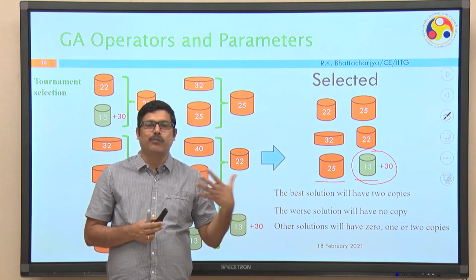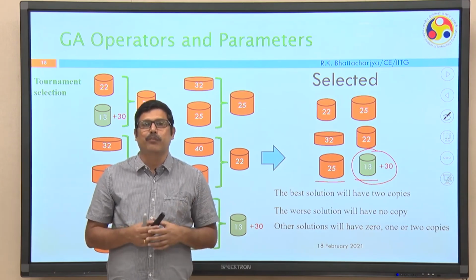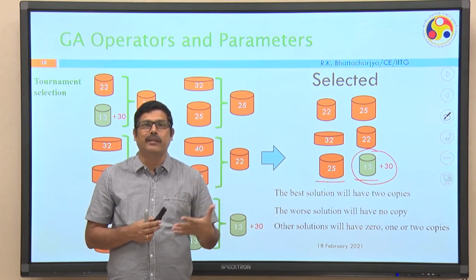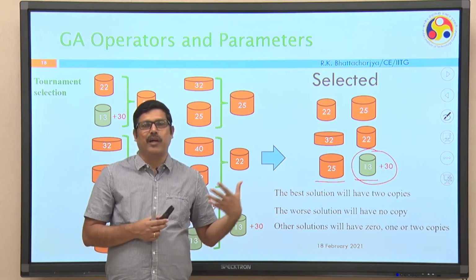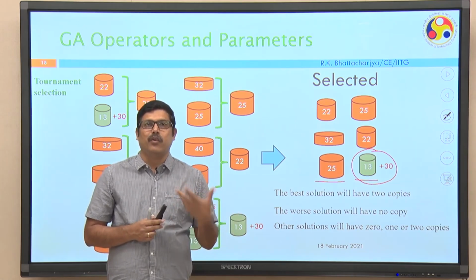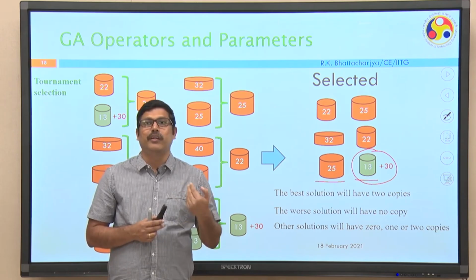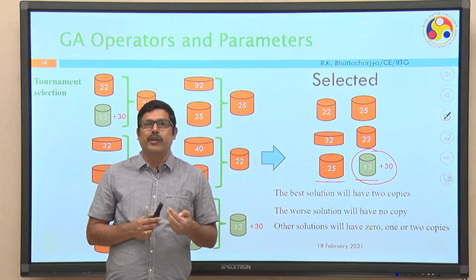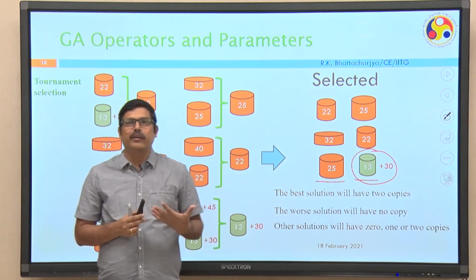I will also discuss what problems we may face if we have multiple copies of the best solution. The crossover operator, which I have not discussed till now and will discuss today, will not create a new solution. So we want to avoid that situation.